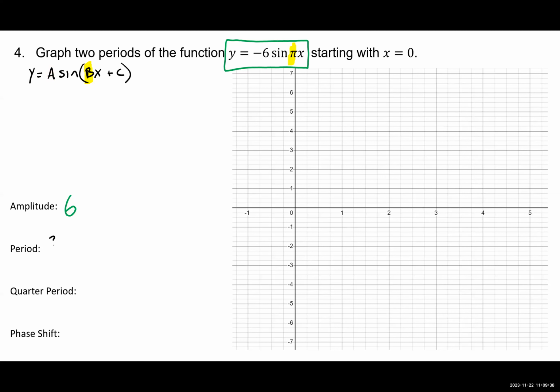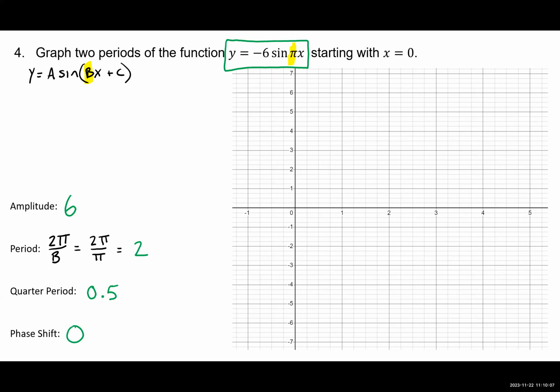So our period is going to be 2 pi divided by b, which in this case is 2 pi divided by pi. The pi's cancel, and we get 2. So our quarter period is going to be 2 divided by 4, or 0.5.